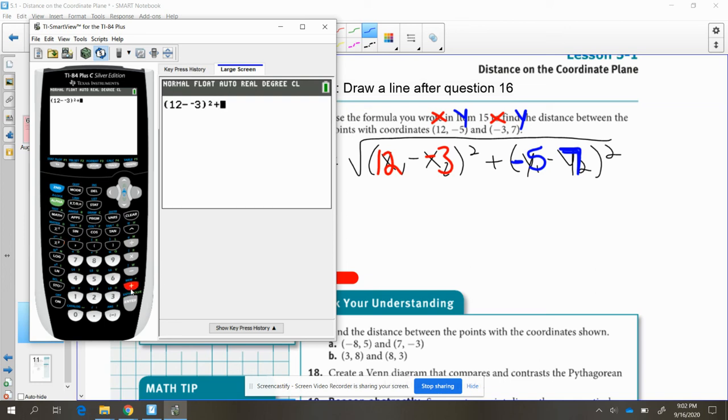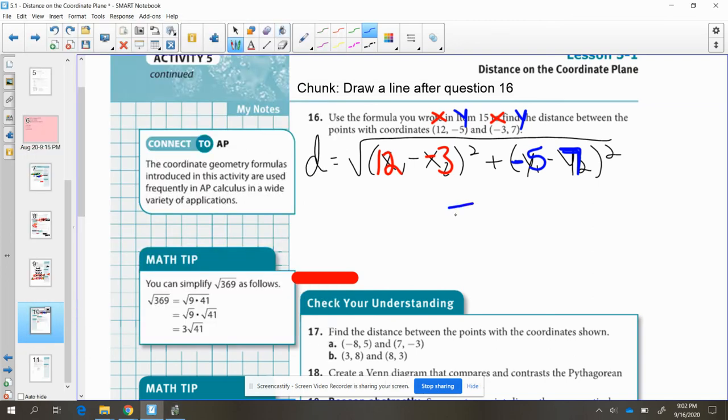And then plus negative 5 minus 7 squared. And then I'm going to square root this value, which is 369. And I get approximately 19.2 as my answer. Okay, so 19.2 units.